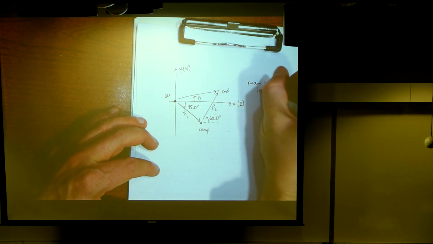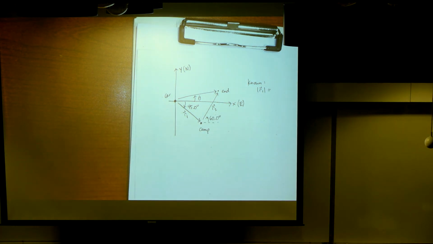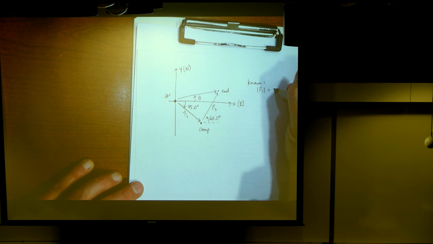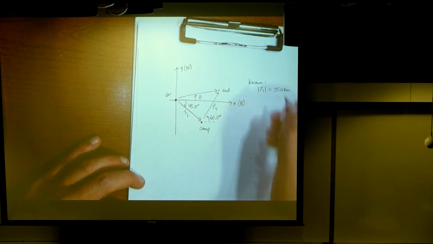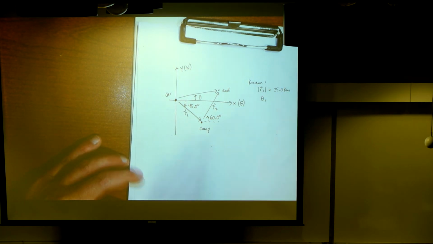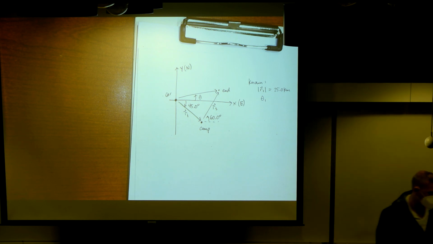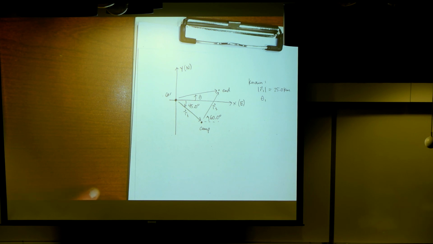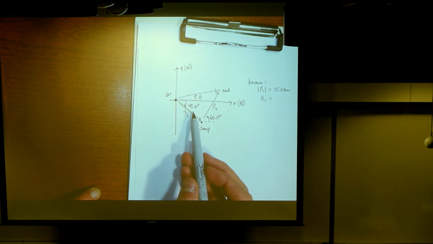The magnitude of vector R1 is just how far I walked from the car to the campsite. That was 25 kilometers. Okay, for this first vector R1, there's an angle that we could definitely specify, right? How should I denote the angle here? 360 minus 45.